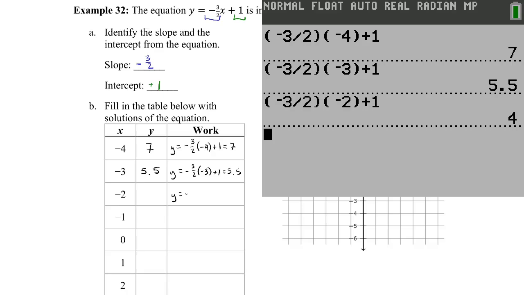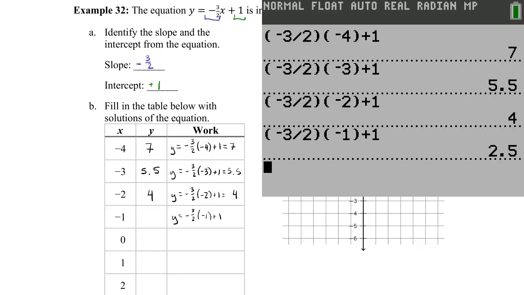Y is going to be -3/2 times -2 plus 1. And that works out to 4. X is -1. Y is going to be -3/2 times -1 plus 1. That comes out to 2.5.